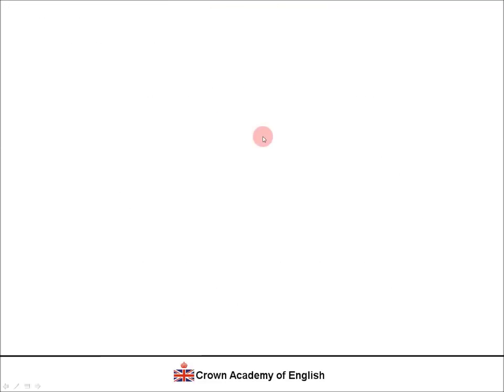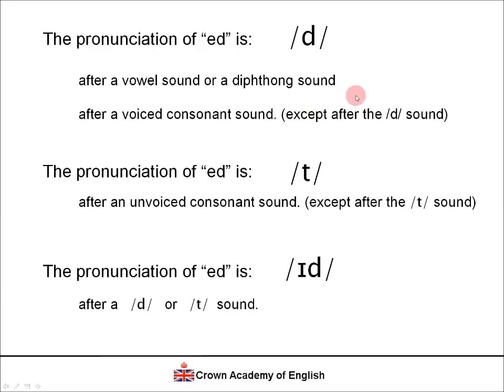So there we are. And here is just the summary again. You've already seen this. This is just a reminder of the rules. So we pronounce ed as d when it is after a vowel sound or a diphthong, or after a voiced consonant sound, except the d sound.